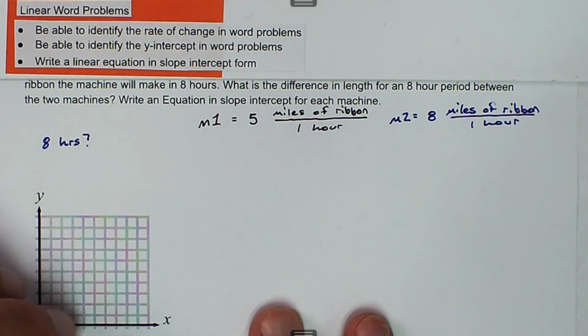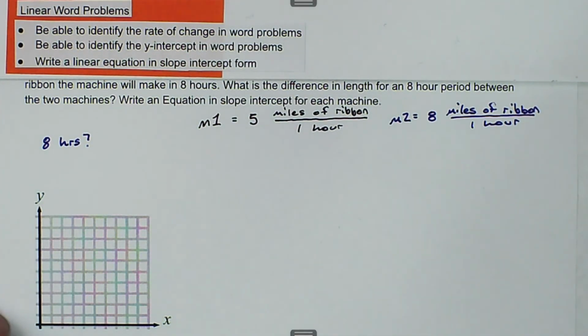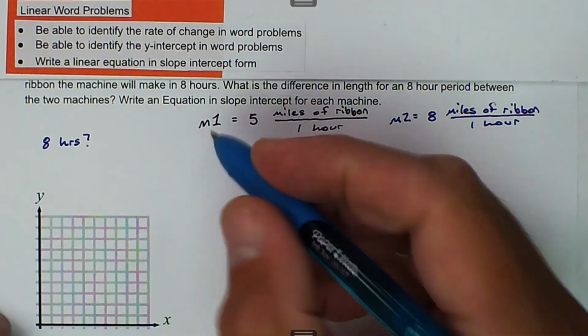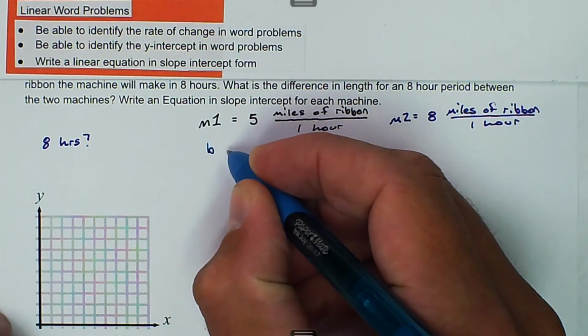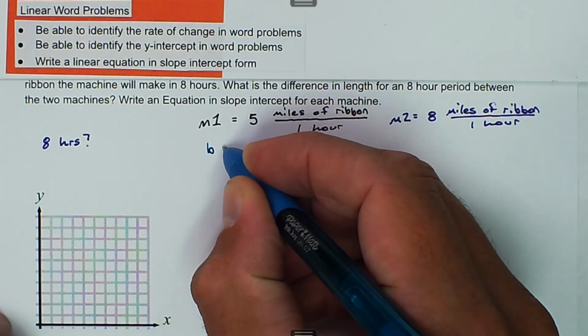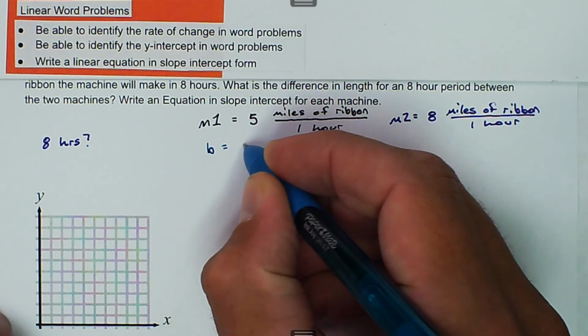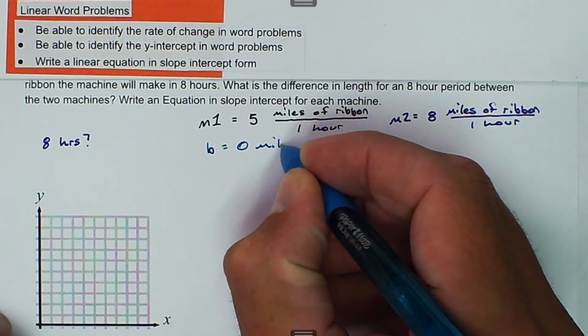So the next piece of information we need to identify is the starting point for each. In this case, when we look at our B value for each one of these, we're starting at 0 miles.